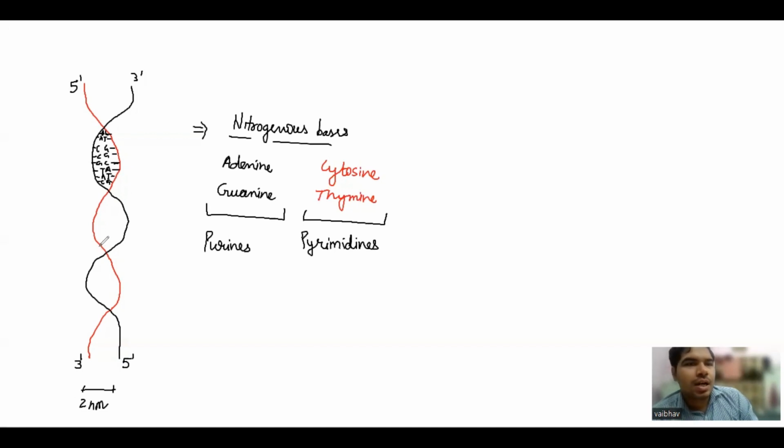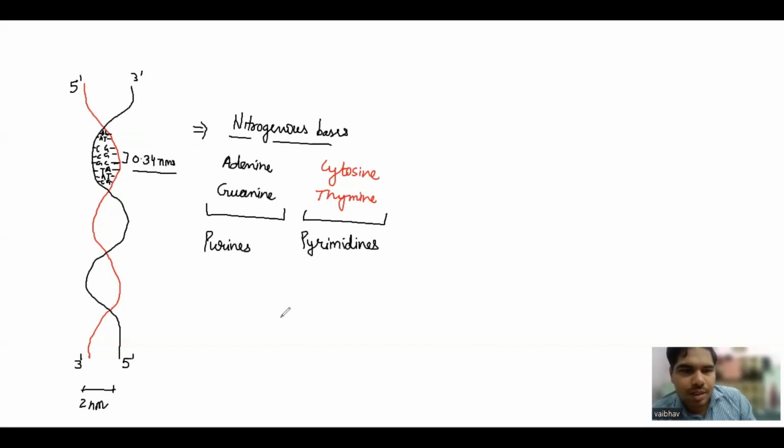And between two nitrogenous bases, suppose I have chosen this example, cytosine and guanine, the distance between two nitrogenous bases is fixed: 0.34 nanometers.